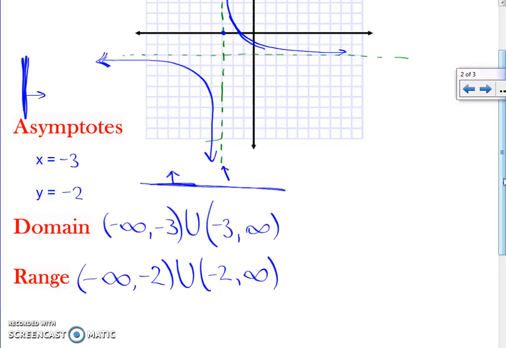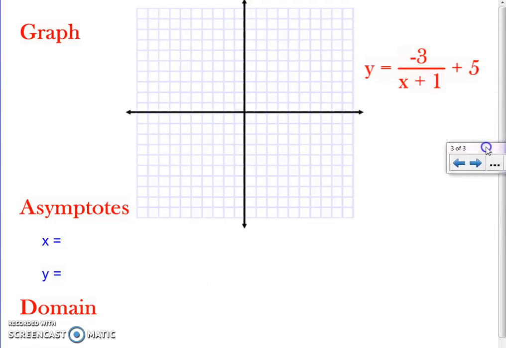Let's try one more before we jump to the homework. So tell me what we're doing. We're moving left 1 and up 5 and what? We're going to flip it, so it's going to be in the opposite two corners.